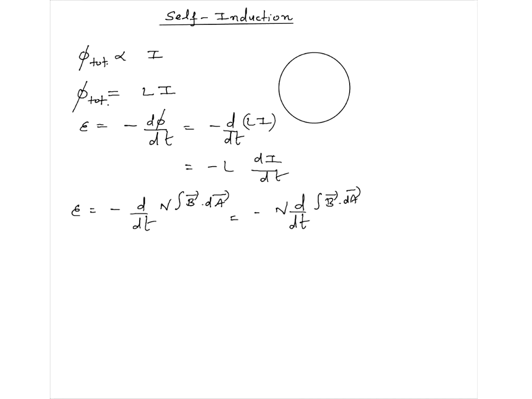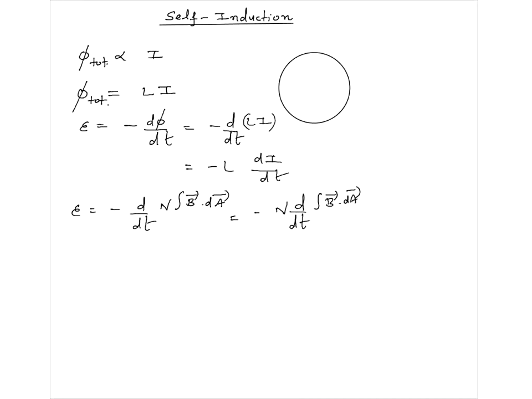We can say that the total flux is proportional to field if area is constant, and if there is nobody else contributing to the field, only that self is there, then field is proportional to current.